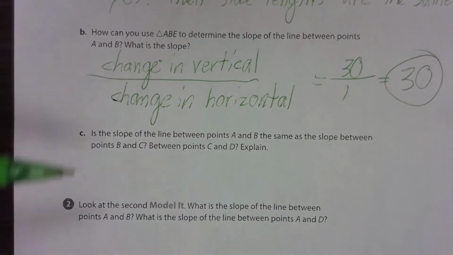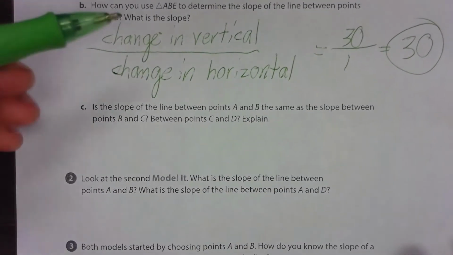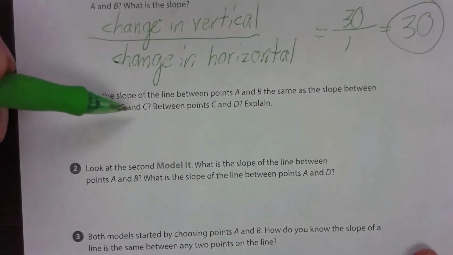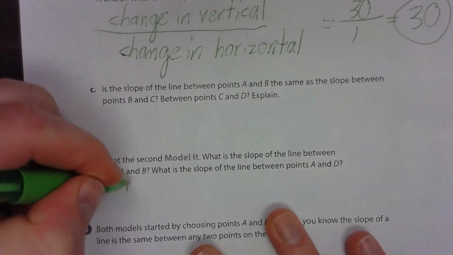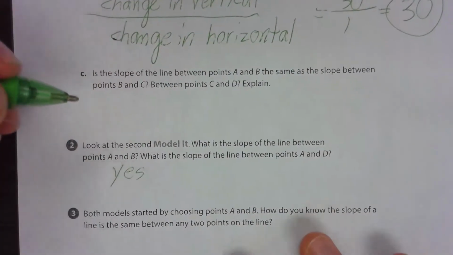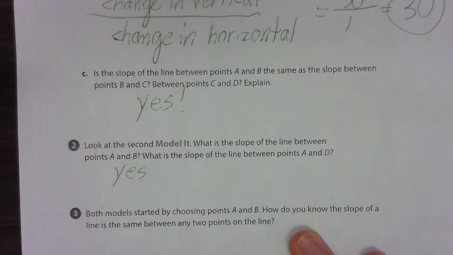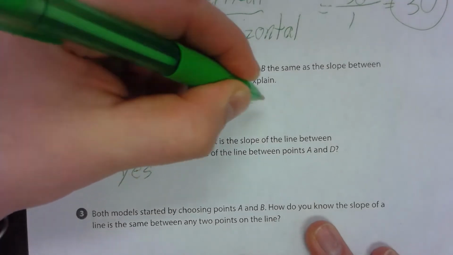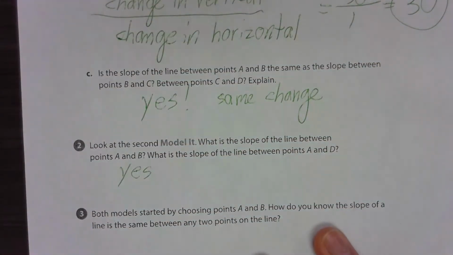So we think about how is this changing vertically and how is it changing horizontally, and we get our slope. Is the slope between points A and B the same as the slope between B and C and C and D? Well, we did that, right? 30 over 1. We're going to say yes. Explain. Same change, both vertically and horizontally. I get the same change.